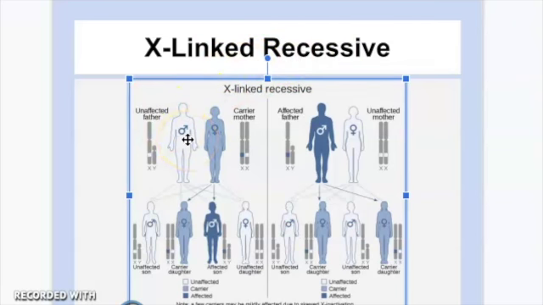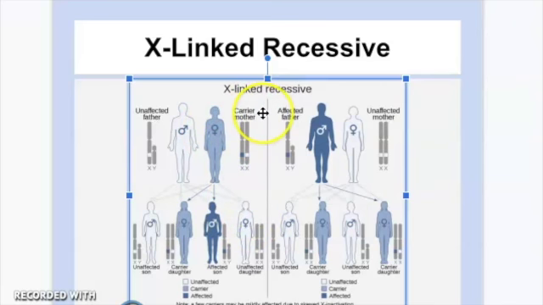So the unaffected father is not going to have colorblindness. Now the carrier mother, she does have a copy of that affected allele in blue, and that's why she's this light blue color.